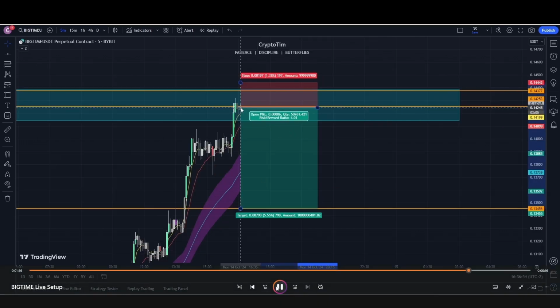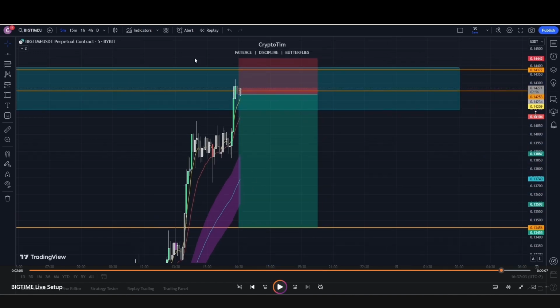So right here I was looking for an entry. I did put, if I remember correctly, it might even be a market order. That's why I put my entry a bit lower as I jumped straight in, because we pretty much recovered over half of this fair value gap. We recovered our 15-minute vector candles.